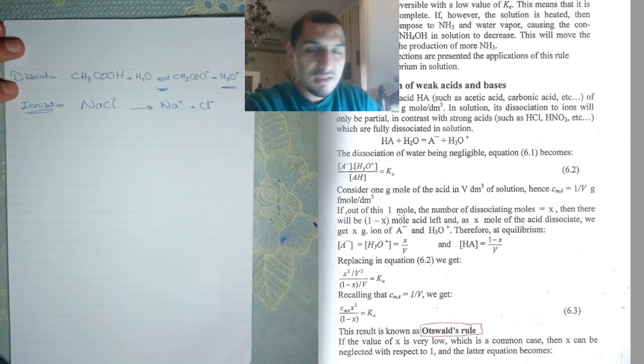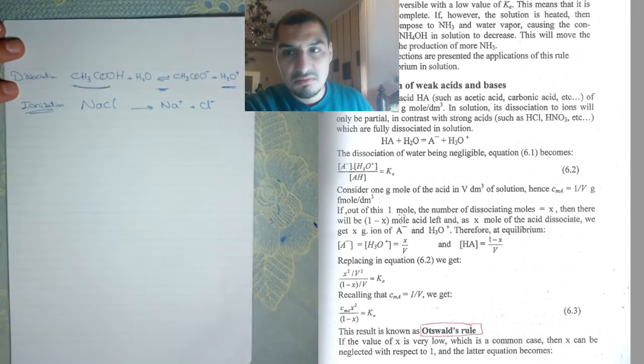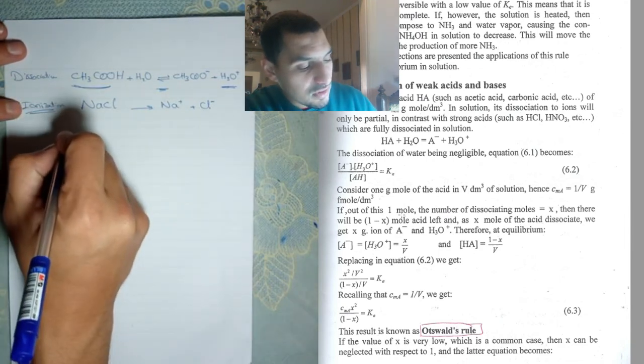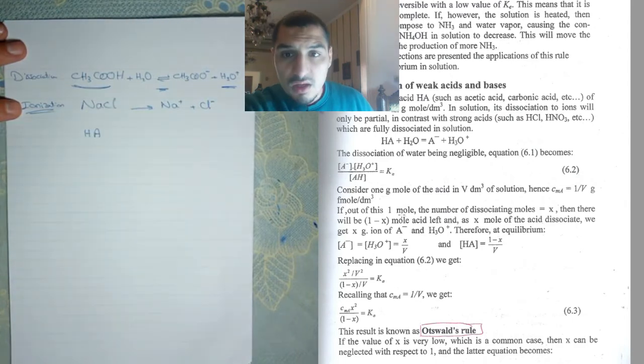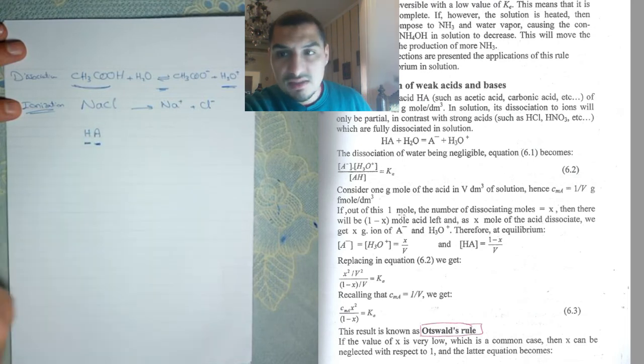For simplicity, and to make life easier, instead of writing a big acid like this, and to make it a more general form of writing the equations, we will express the acid as HA, where the H is the hydrogen atom, and the A is the acid radical itself.